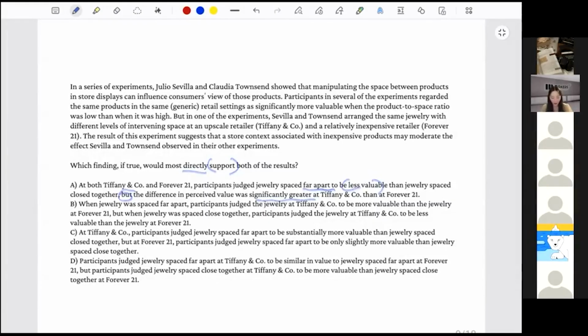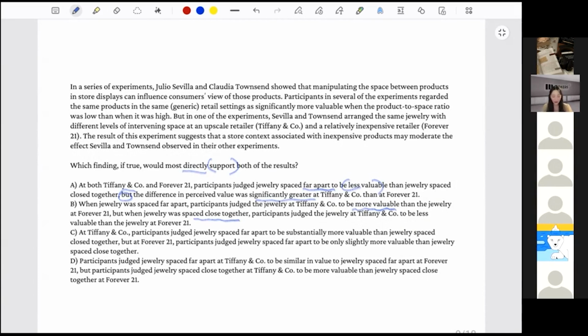than at Forever 21. B, when jewelry was spaced far apart, participants judged the jewelry at Tiffany & Co. to be more valuable than the jewelry at Forever 21, but when jewelry was spaced close together, participants judged the jewelry at Tiffany & Co. to be less valuable than ones at Forever 21.